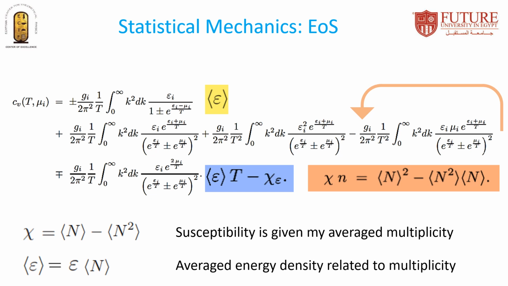To summarize what I have obtained here, the first line is the average energy density, the second line is the susceptibility multiplied by some multiplicities, and the third line gives some energy density related to temperature and so on. This is a kind of preliminary proposal on how we can measure the speed of sound in our system, which is related to the equation of state.